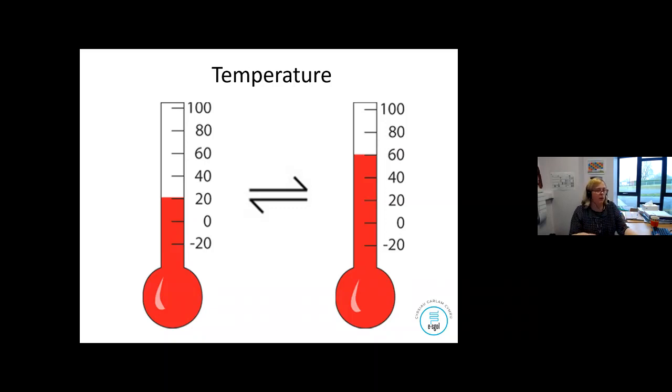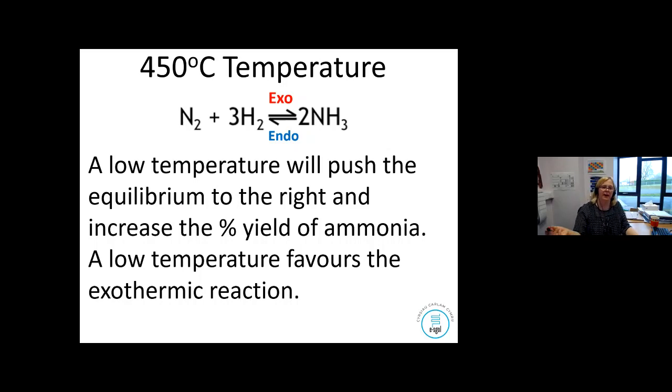Well, in the Haber process, if you think back to session 2 that I did a few weeks ago, you would have been introduced to that symbol delta H, enthalpy, and in this case, it is a negative number. Now, a negative delta H tells you that the reaction is exothermic.